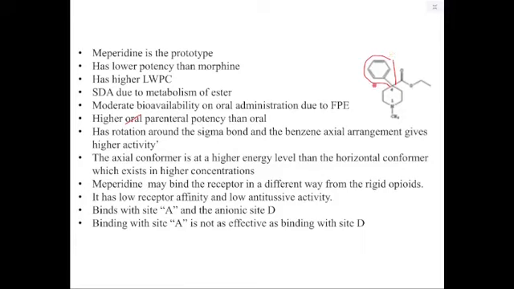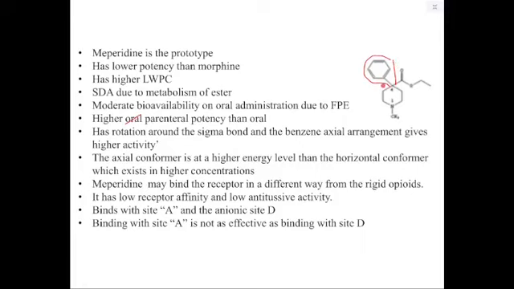That is why it is thought to have lower potency than morphine: the conformer that binds the receptor well, the axial conformer, is in low concentration because of its high energy level. And this is brought about by the fact that this molecule is not rigid. It is flexible. It can rotate.